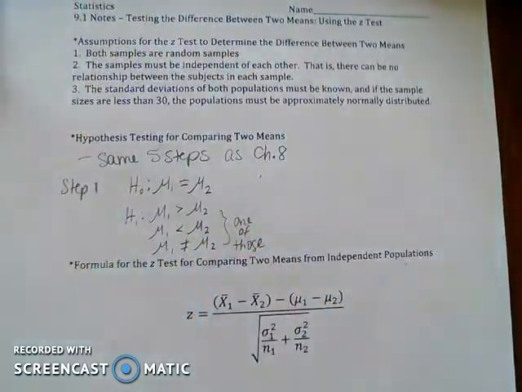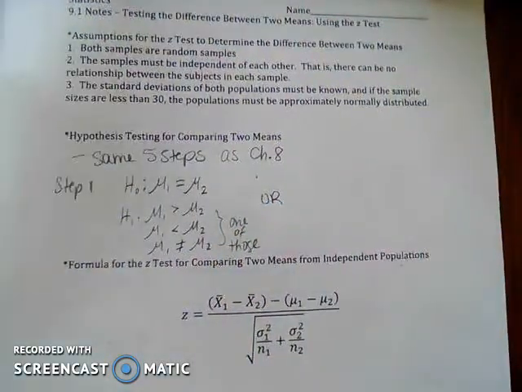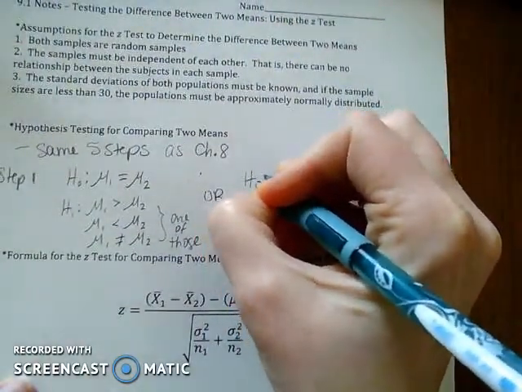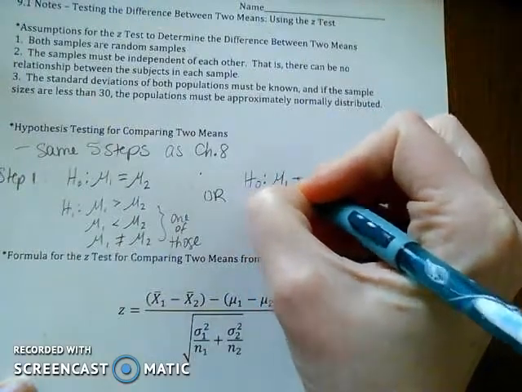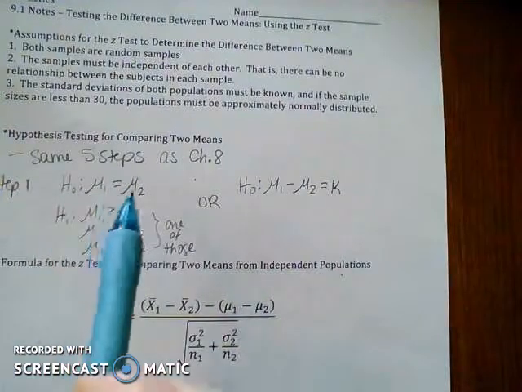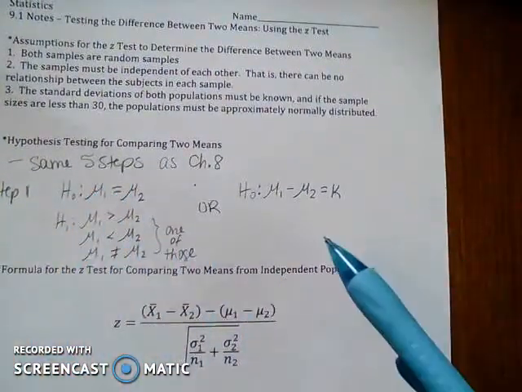And again, it all depends on what the writing is. Okay. Now, there is a second way to write step 1. And that is, all we did is we actually moved this over to here. Okay, and the way we move it is that we subtract.